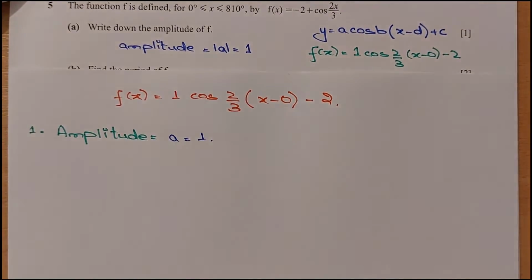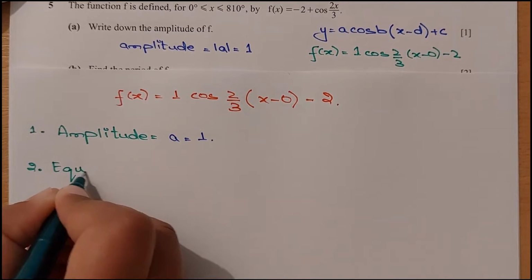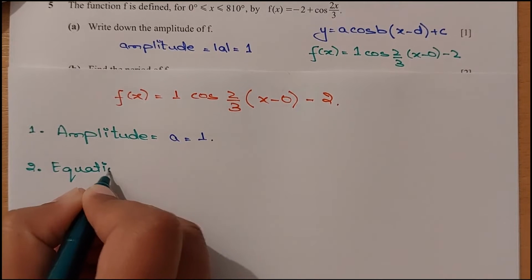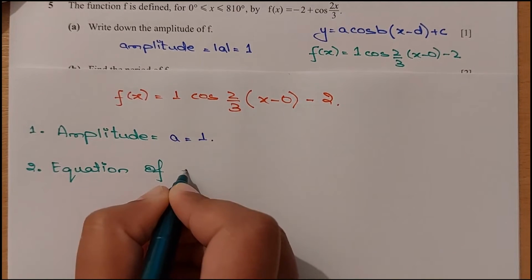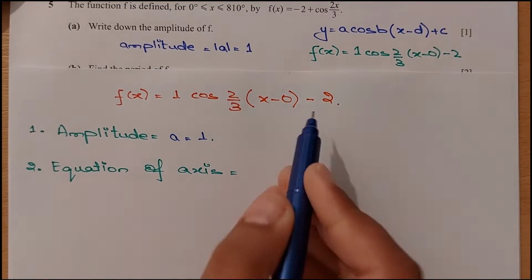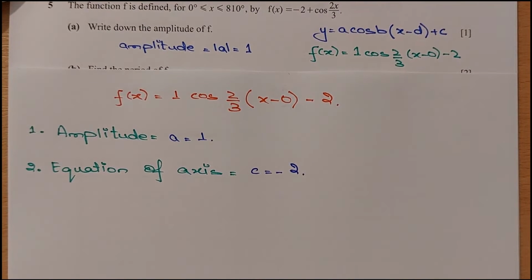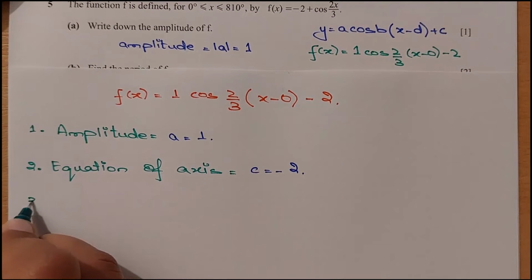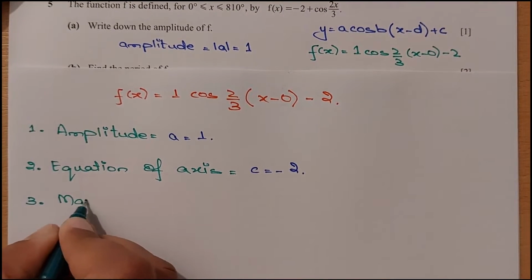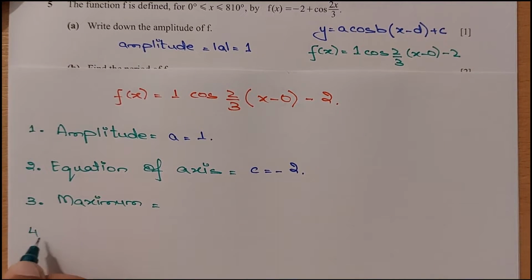Then I need the equation of the x-axis, which is the c value, so c is minus 2. With the help of amplitude and equation of the axis, we can find the maximum value and the minimum value of this curve.